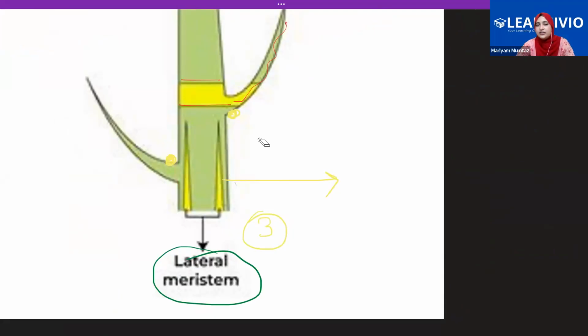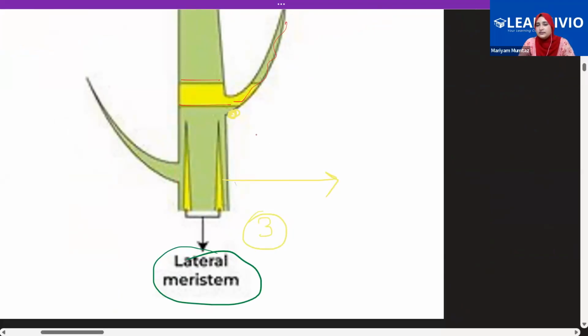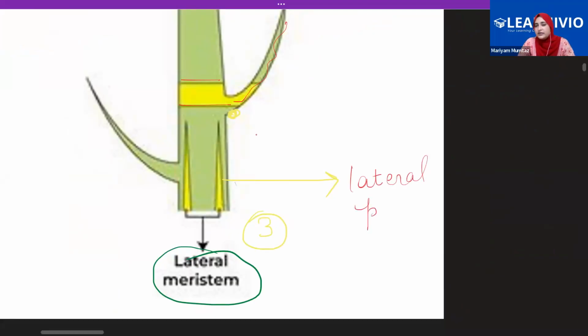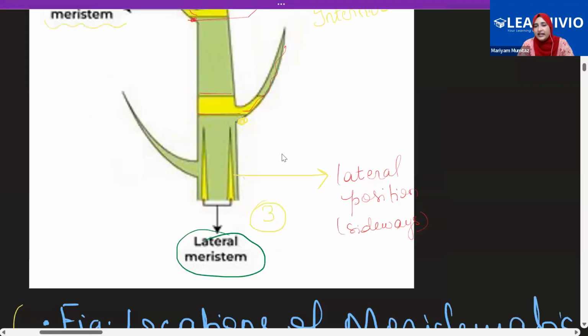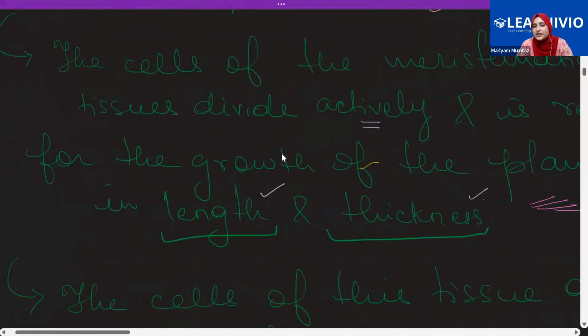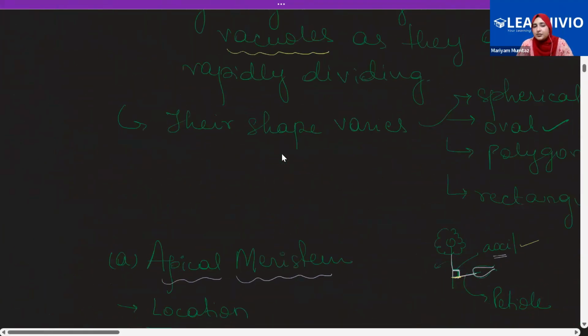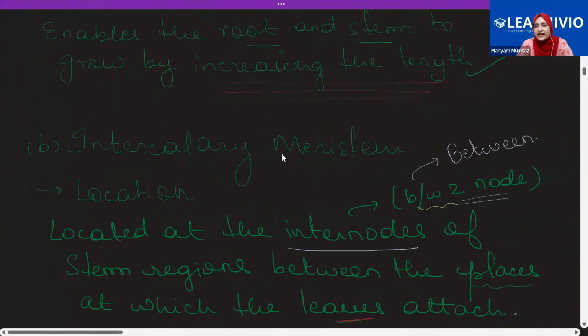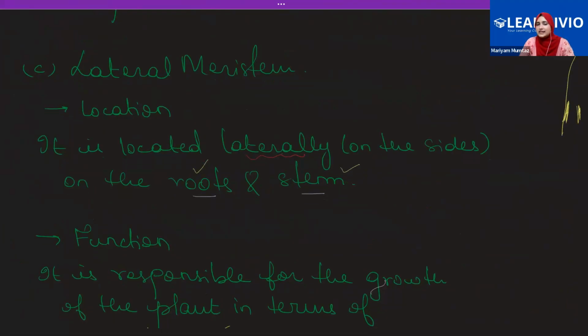Like I told you, lateral position means sideways, isn't it? So the lateral meristems are found at the lateral or sideways position of the plant's body. So it is located laterally, meaning on the sides of the root and the stem.